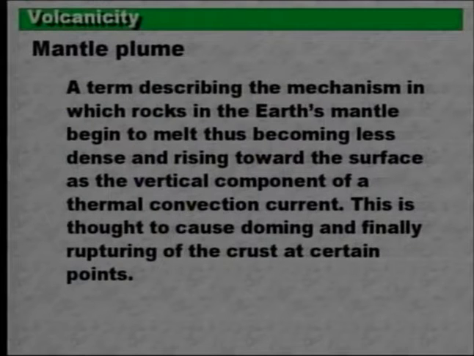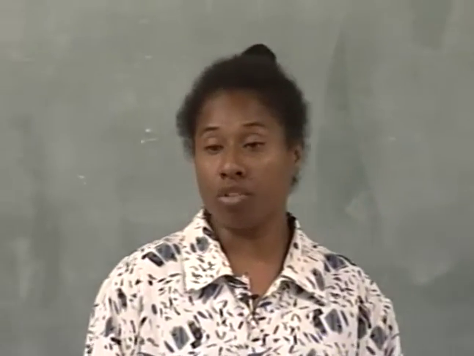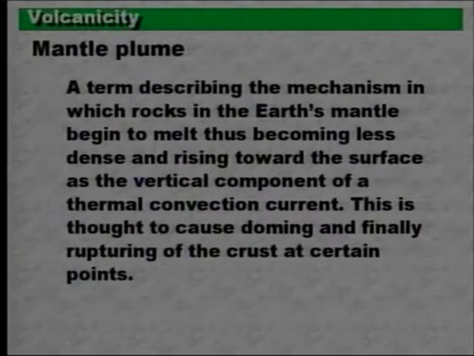From what we have already studied about convection currents, we would have seen that material from under the surface is forced to rise up towards the surface. And that cycle contributes also to tectonic plate movements. It is thought that a convection current rising towards the surface causes doming and then finally rupturing of the crust at certain points.